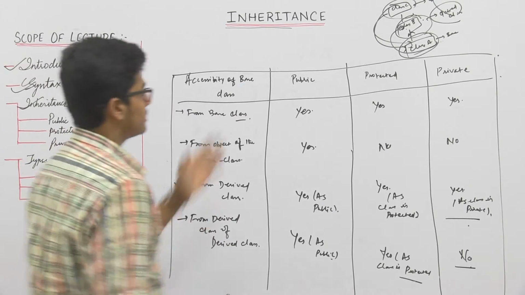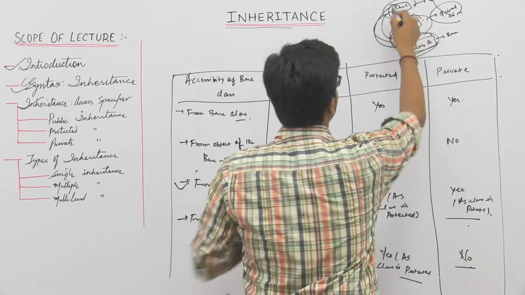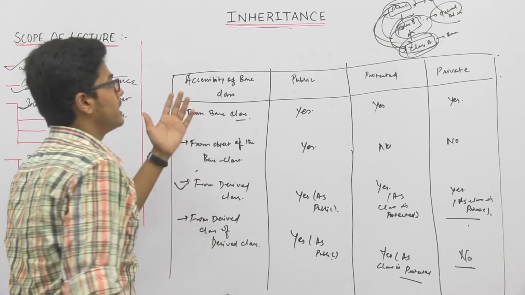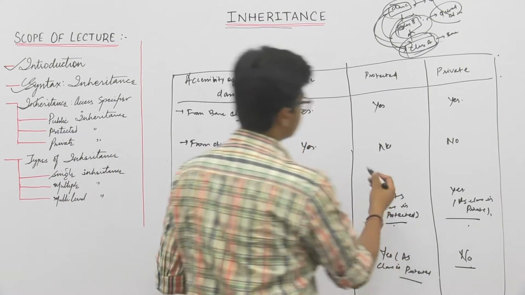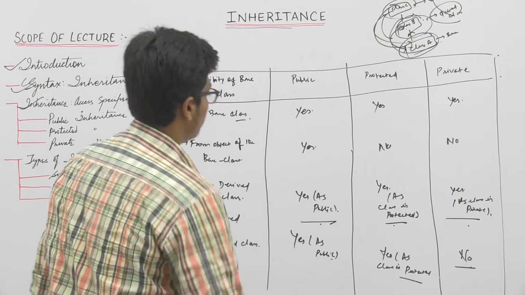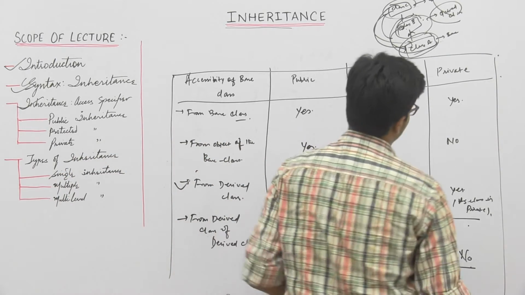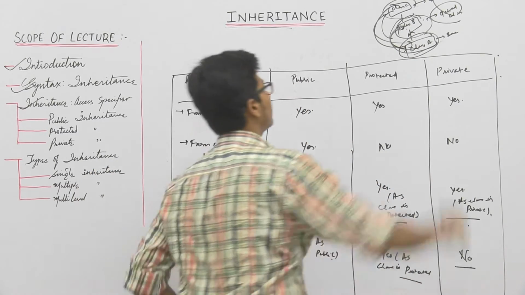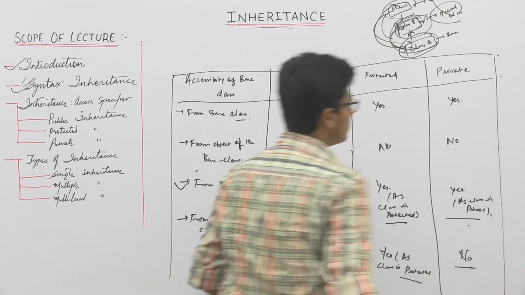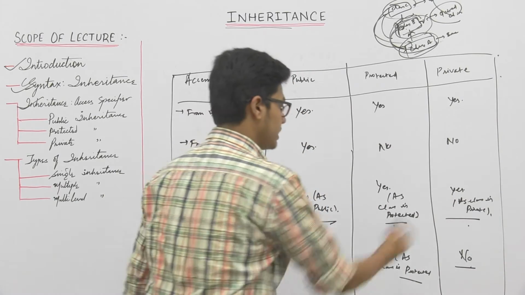From the derived class, it is possible if the class is public. If the class is protected, then the data members are accessible in protected mode as well. In the case of private, it can also access the data members if one derived class is inside that mode. So yes, it is possible.